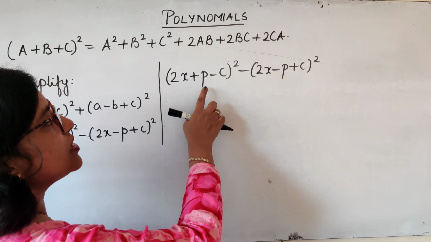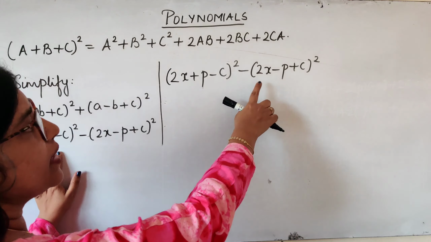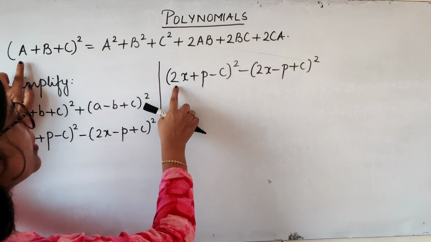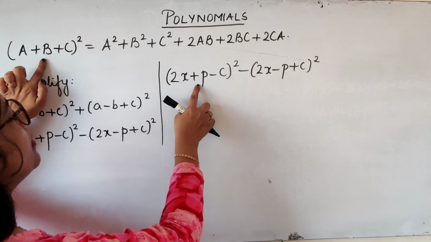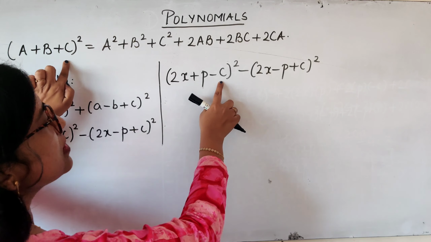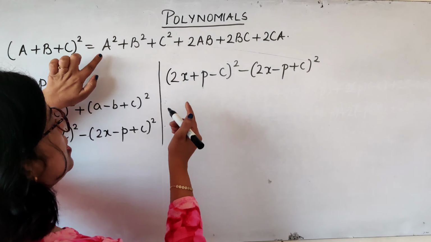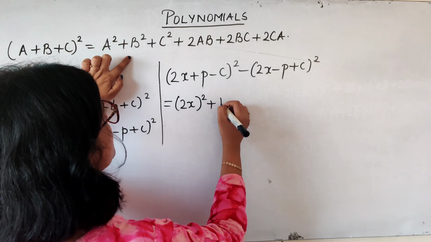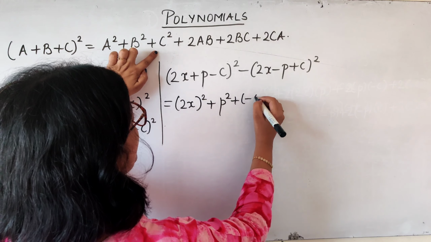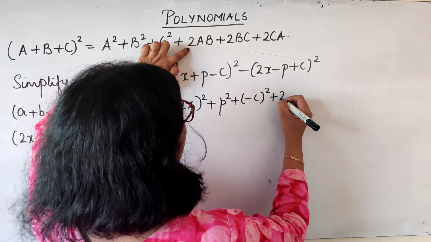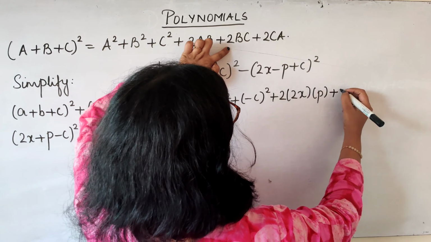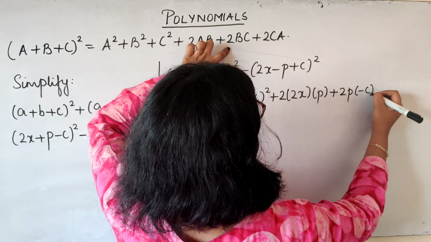It is 2x plus p minus c the whole square minus 2x minus p plus c the whole square. So we see that our capital A is 2x, capital B is p and capital C is minus c. Let's put it into the identity. 2x square plus p square plus of minus c square plus 2 into, okay, then b is p and c is minus c.